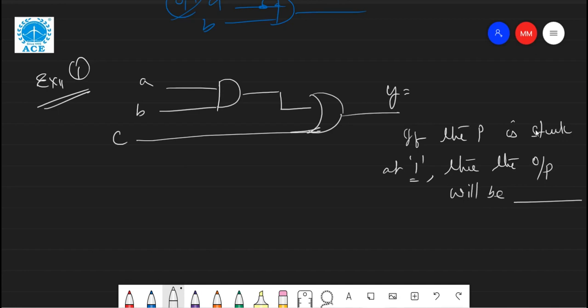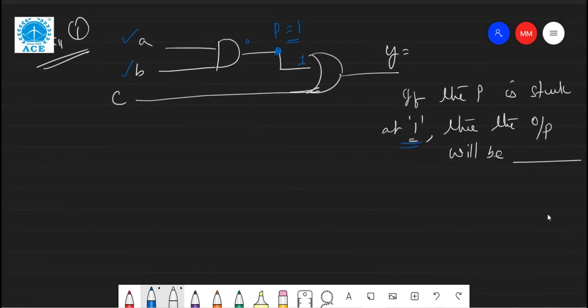Okay, so in this case, this is point P, which is stuck at 1, right? So this is always 1 here. Whatever the two inputs connected to the AND gate, and whatever the output of the AND gate, this fault is there. Stuck at 1, it is always 1 only. This input of the OR gate is always 1. Let us see what the output is.